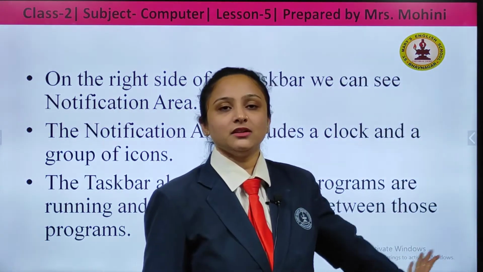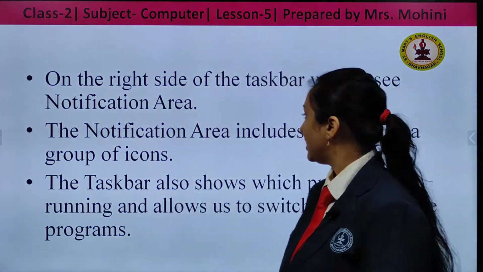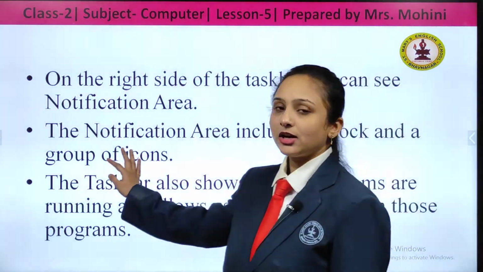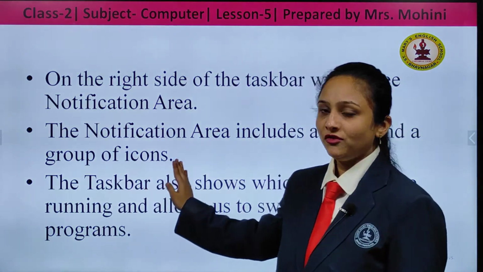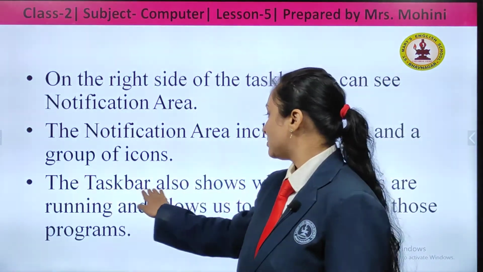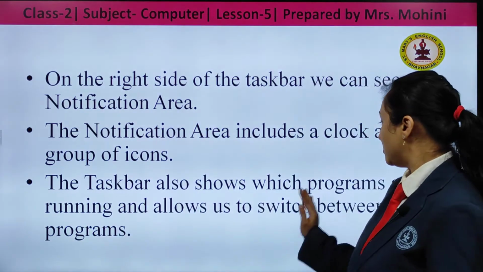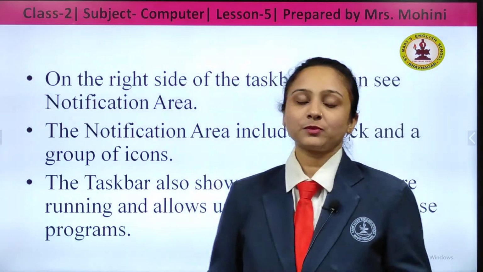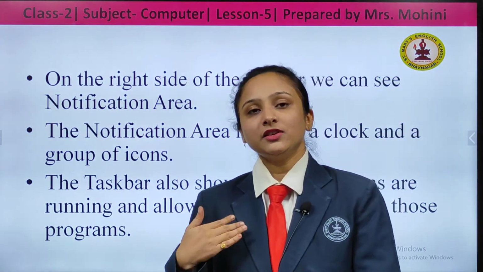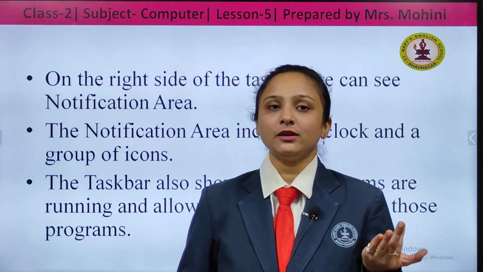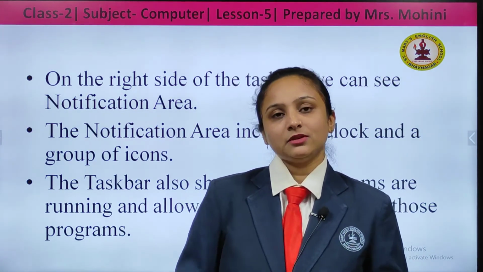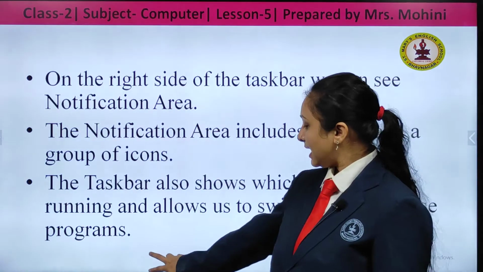It includes a clock and a group of icons. The taskbar also shows which programs are running and allows us to switch between those programs. For example, if we are working with Paint, Notepad and Word at the same time, all of them are there in the taskbar.